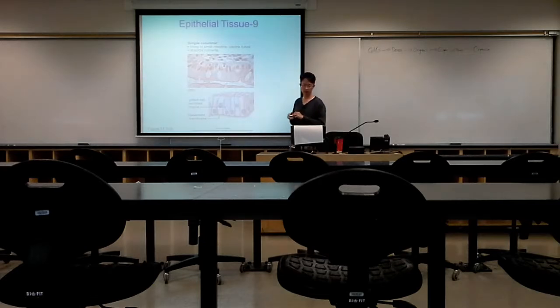Simple columnar. As you can see, the columnar cells are like columns, pillar shaped, so that it provides a relatively larger surface area for attachment of the neighboring cells. Because of that, they form a relatively stable surface for the epithelium.